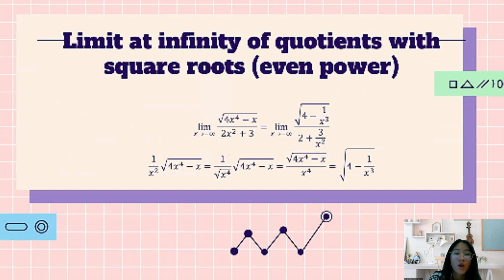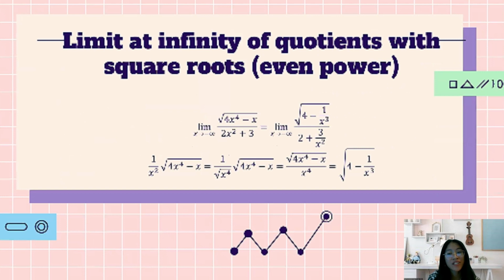If I have 1 over x squared times the square root of 4x to the 4th minus x, as we have in the numerator here, is that the same thing as 1 over the square root of x to the fourth times the square root of 4x to the fourth minus x? And so this is equal to the square root of 4x to the 4th minus x over x to the 4th, and all I did is apply the radical in here.